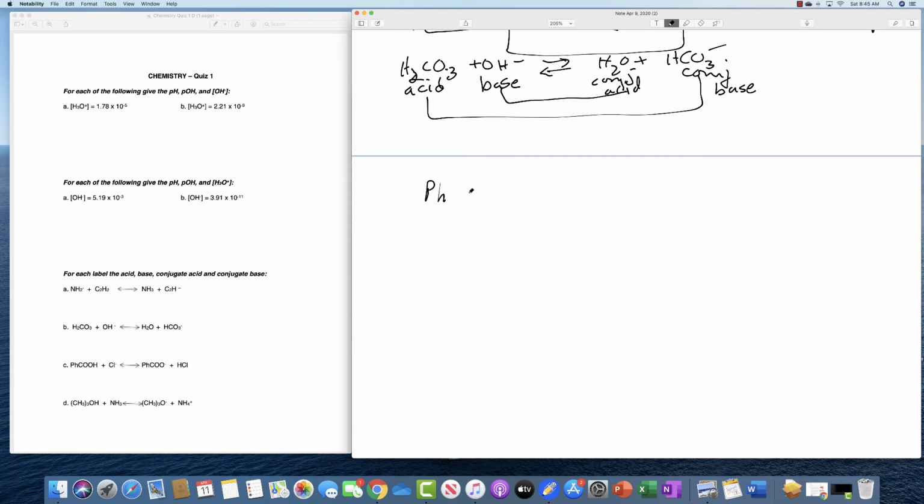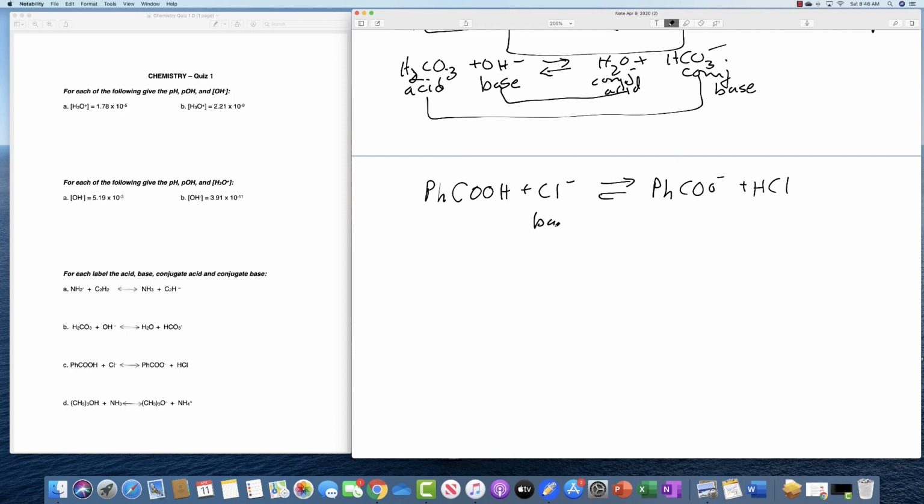The last two, this one, PhH, which just means phenol, but you don't need to know that yet, plus Cl minus goes to form PhCOO minus plus HCl. Now, a little trick here, this can't lose a hydrogen because there ain't no hydrogen. So this has to accept a hydrogen even without looking at it, although when you look at it, it obviously does.